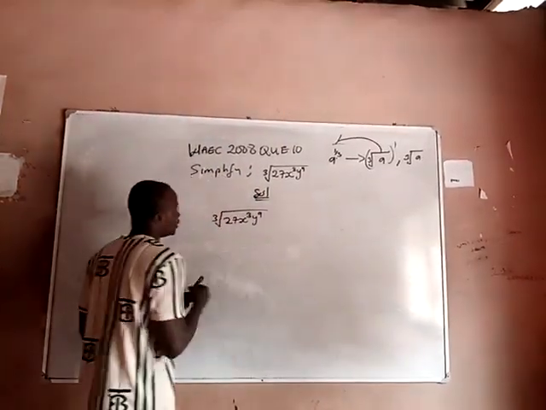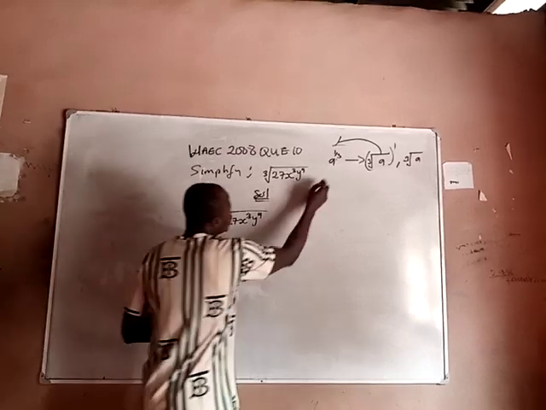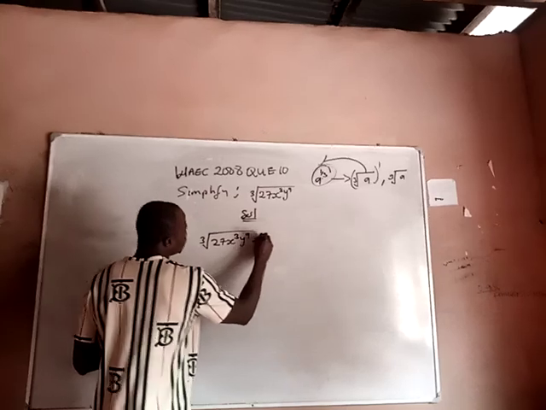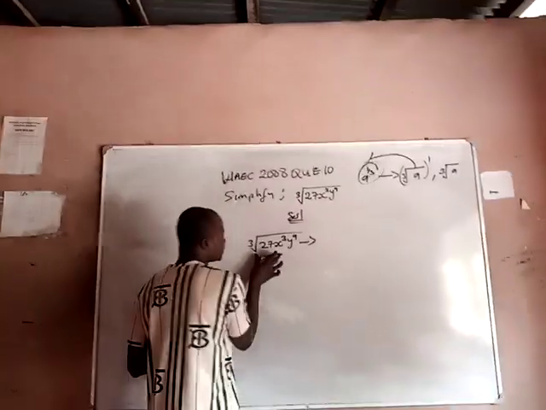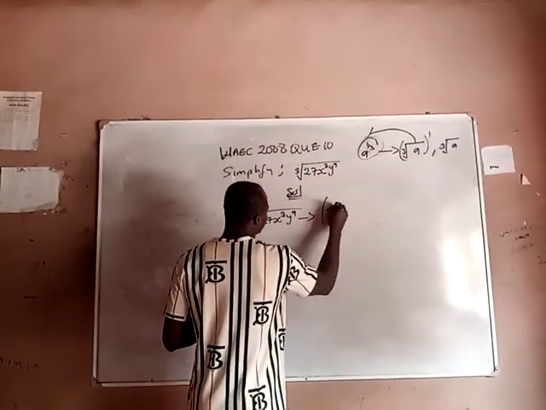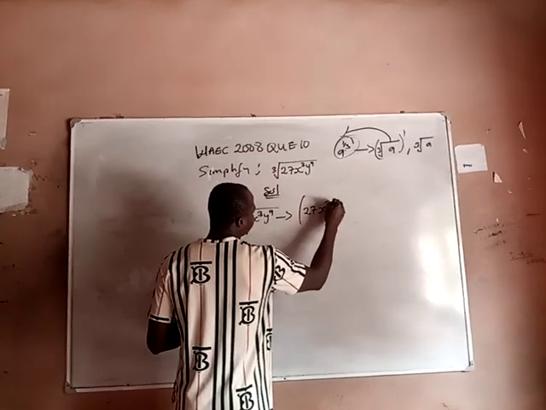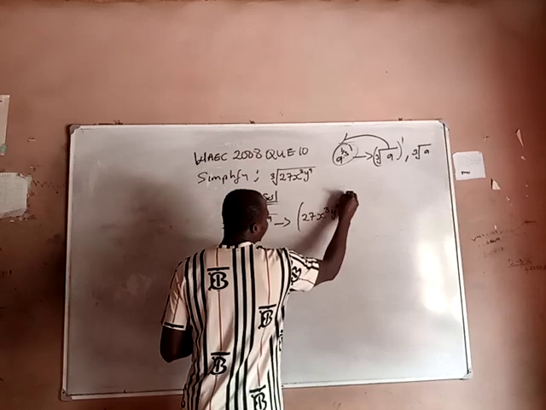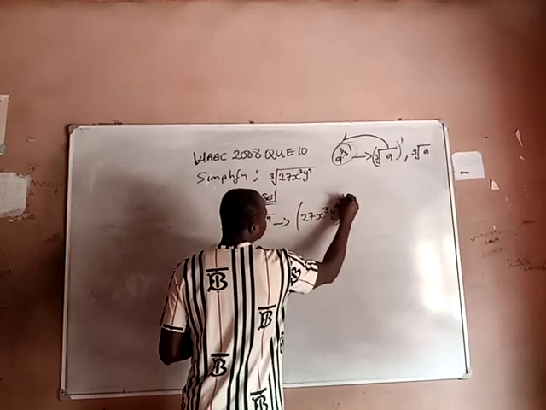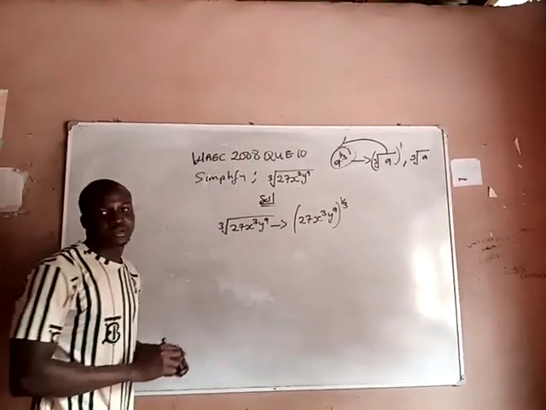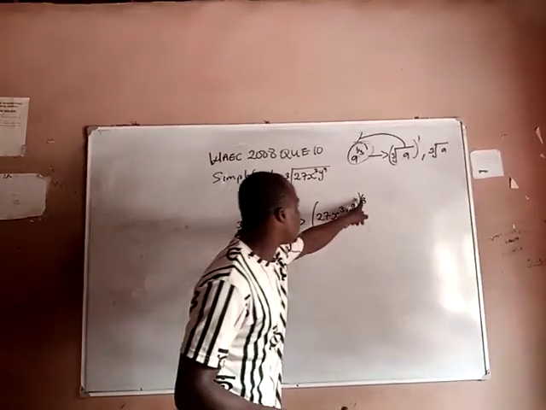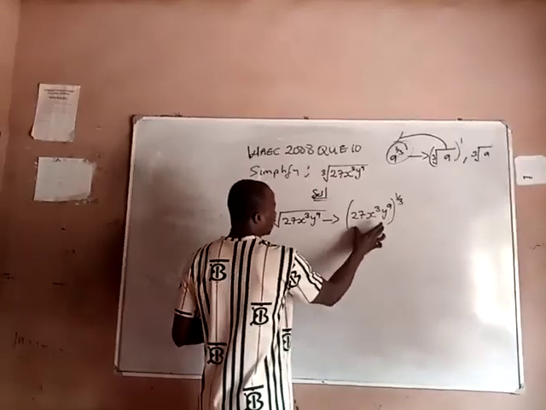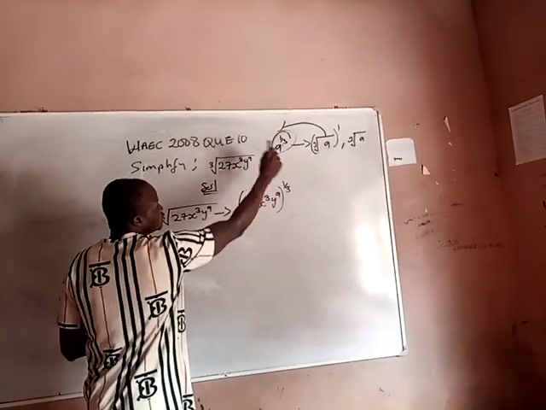Now we can rewrite it in this format: 27x^3y^9, all raised to the power of 1 over 3. Is that clear? We have applied the first law.